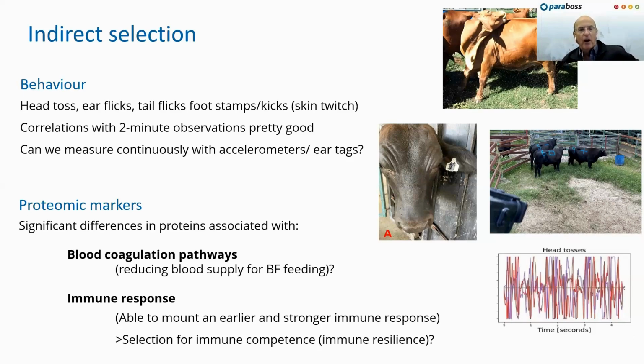And there's now a lot of interest in breeding for immune resilience or overall immune capacity, and it'll be interesting to see whether that might also have an effect on buffalo flies. So a couple of possibilities here. This is, just to recap, in terms of selecting directly against numbers of flies.